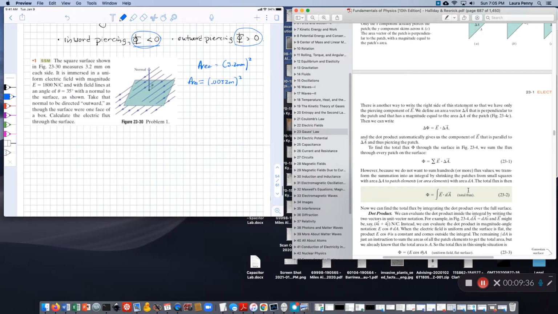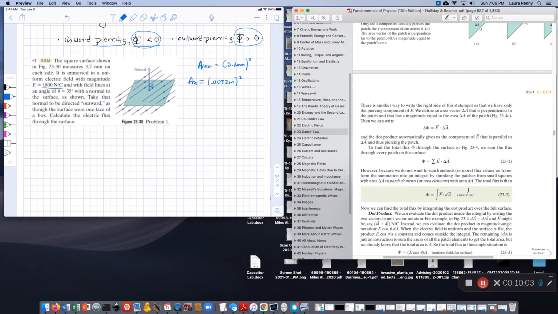And I've got it immersed in a uniform electric field of magnitude 1800 newtons per coulomb, and it's directed inward, right? It's directing inward, and so we have an inward piercing electric flux. So I'd expect my flux to be negative. And then it tells me this angle is 35.